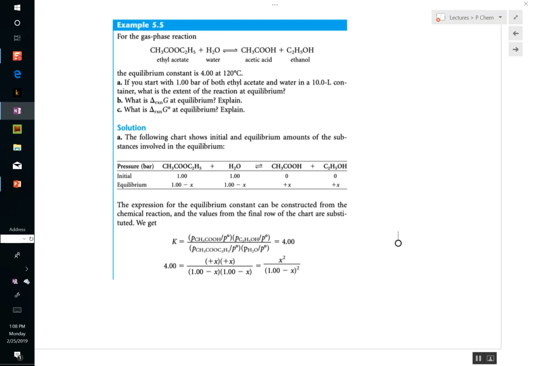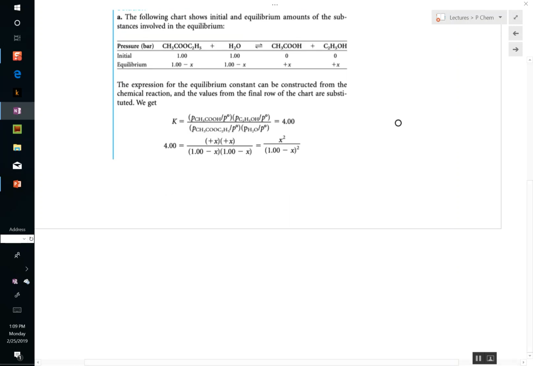Well, we'll see. It says, what is the extent of the reaction? So we want to see what this number is going to be, and we could see how this changes, and we could calculate extent. I'm not sure if I put the rest of this example in here. But you get down to this point where you have this equation, which I want you to solve right now.